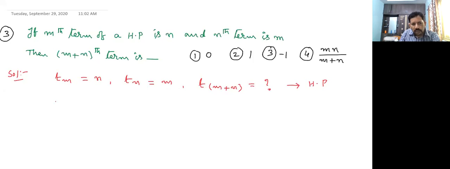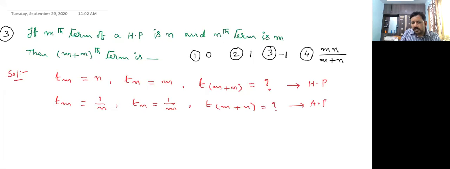Just reciprocal. Now, Tm is equal to 1 by n. Tn is equal to 1 by m. Tm plus n we need to find. These are in AP series.